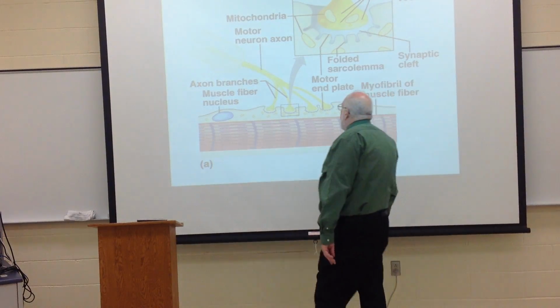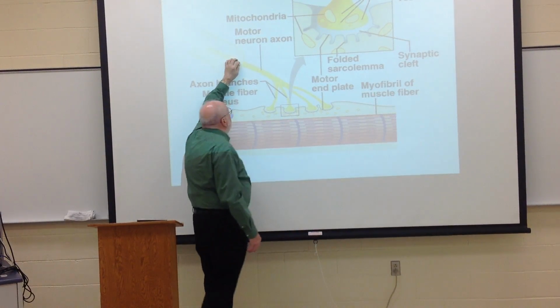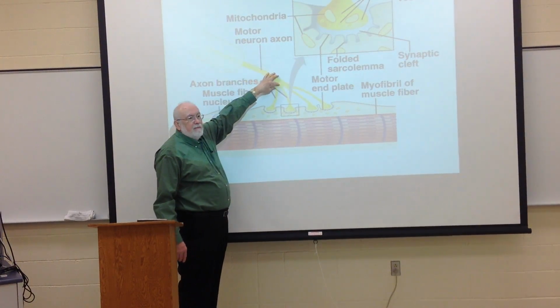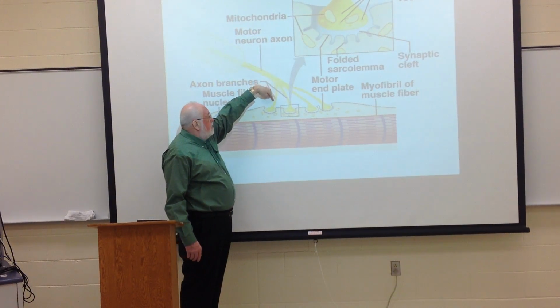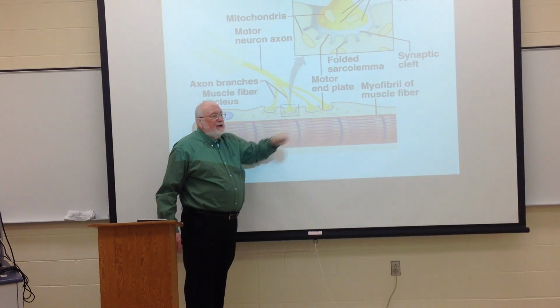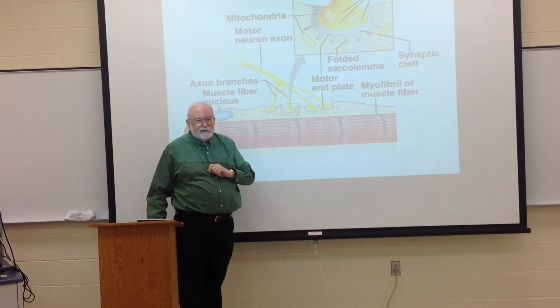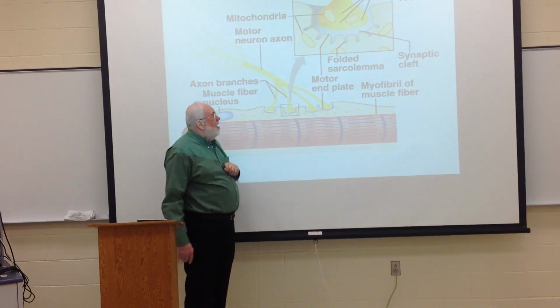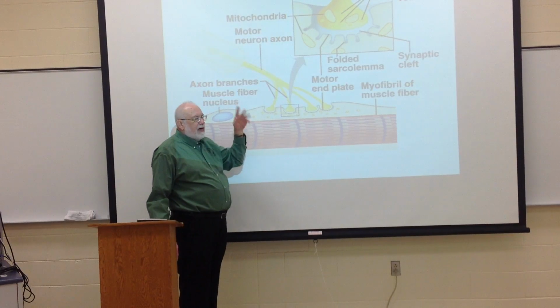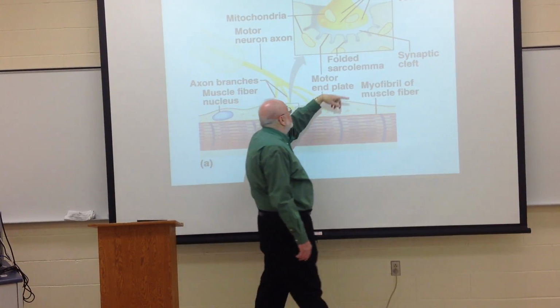All right. Now, what have we got here? Here is the terminal end of our nerve. It's the axon of the motor neuron. And you notice it branches out, and at the end of each of those branches is a synaptic knob. Looks like a knob, doesn't it? All right, so in yellow, that's nerve, and then in this beige coloring, that's the muscle cell.